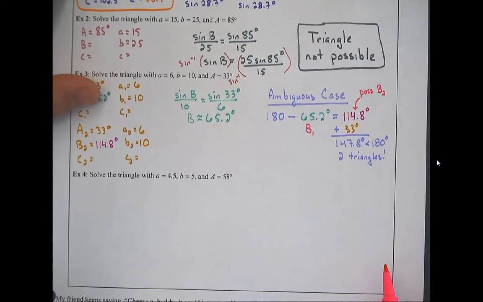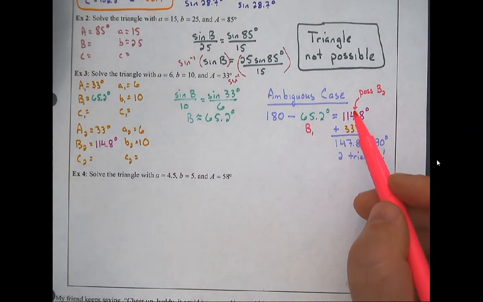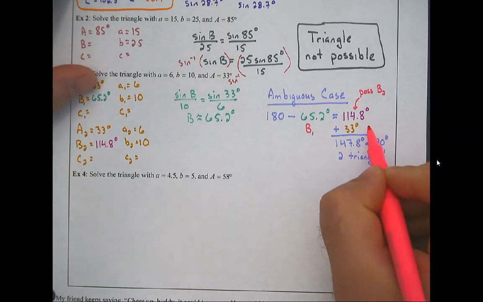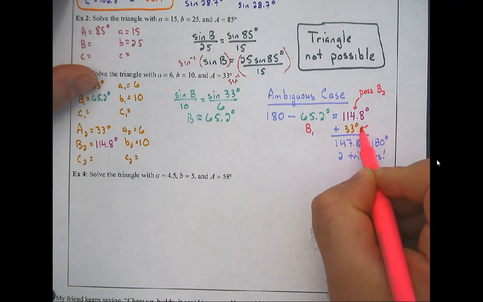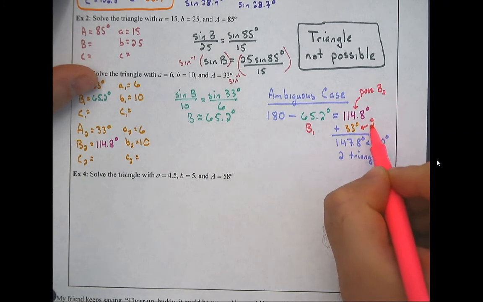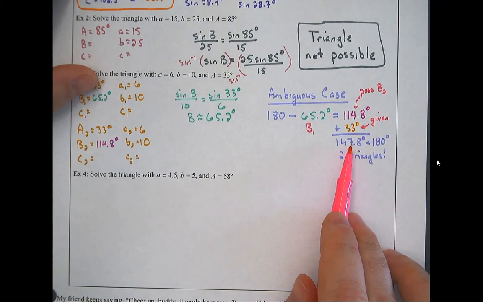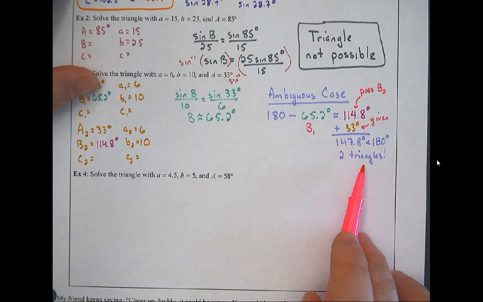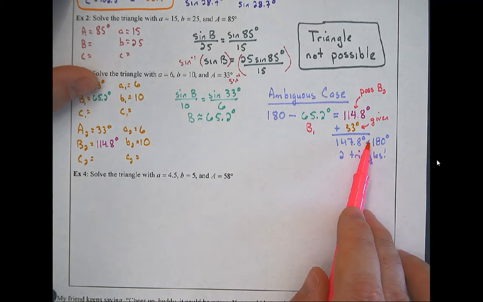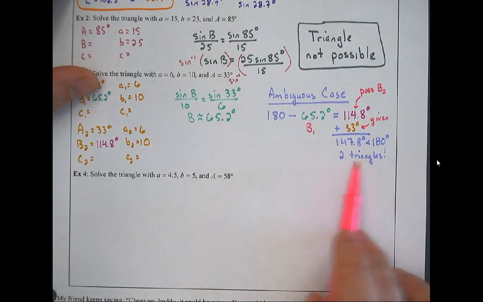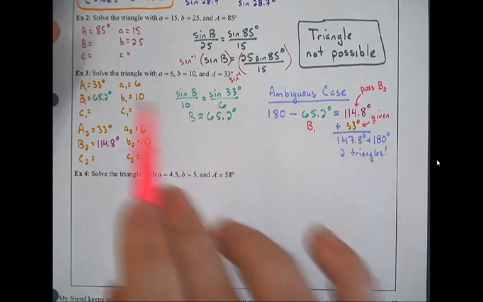Now, if it's possible, how do we know when we want to include it and when we don't? We add on the given. And if we get a total that's less than 180 degrees, we get two triangles. Well, what if it's over 180 degrees? Well, then the second case doesn't work.